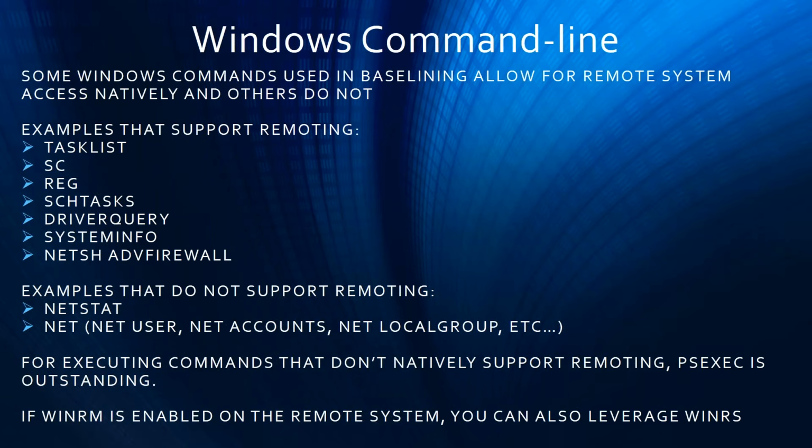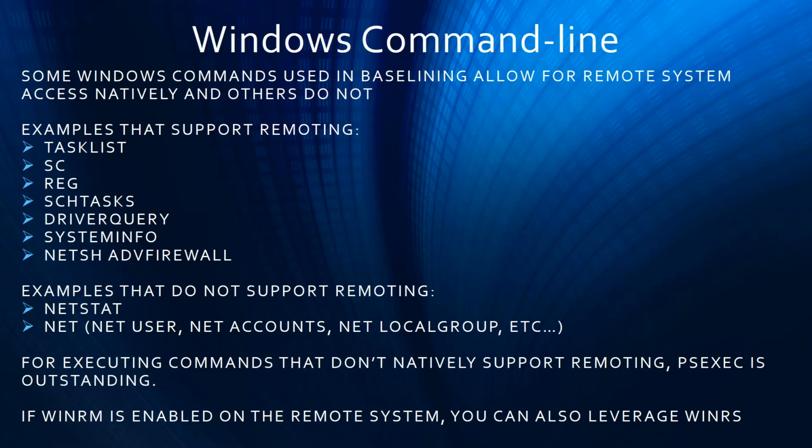So how do we do this? The Windows command line has a number of different functions that are available to us. Some that support remoting by themselves, and this is just a few of the ones that kind of play into our baselining concepts here. So tasklist is great.